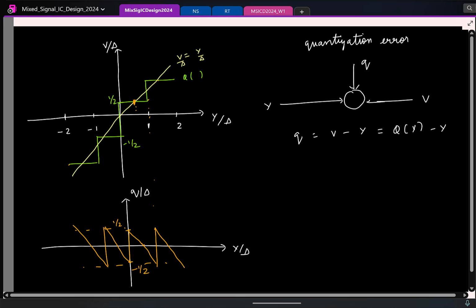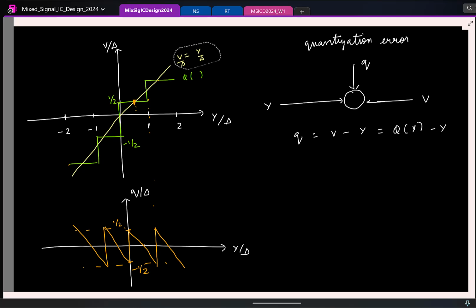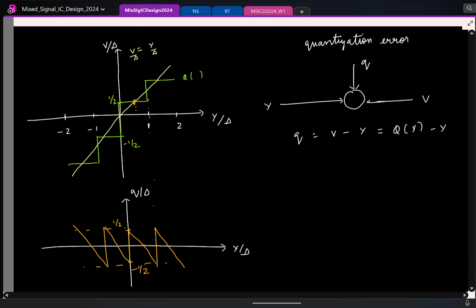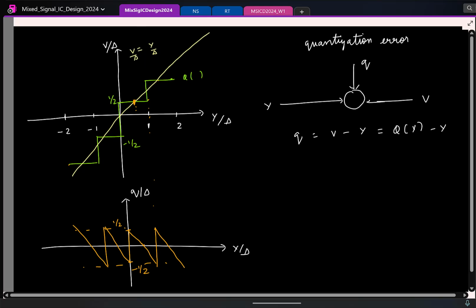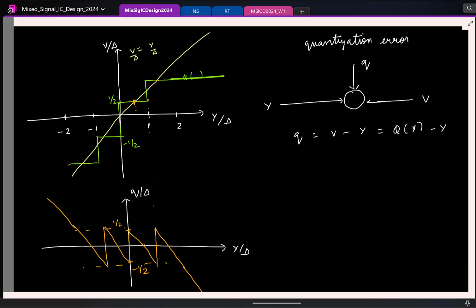Of course, if I keep increasing the input beyond the full scale range, this guy is constant, but the input is increasing, so essentially this will also keep going beyond. Okay, cool. So from this, can you make any observation about the quantization error?